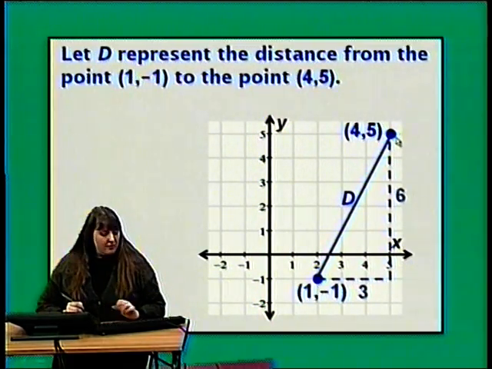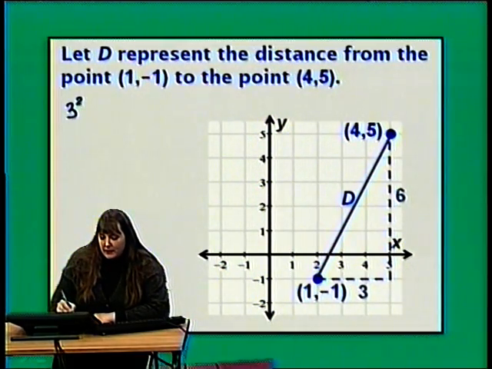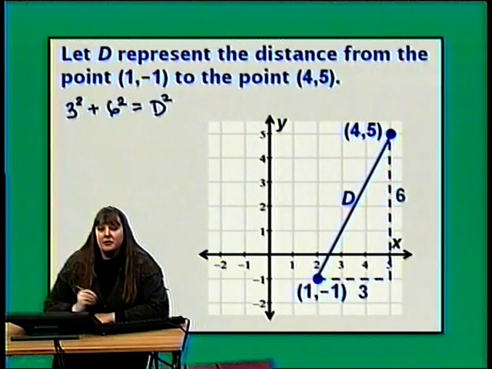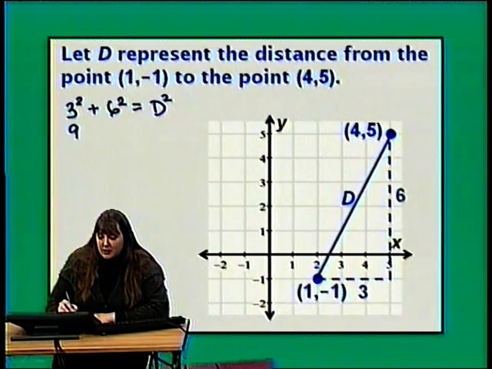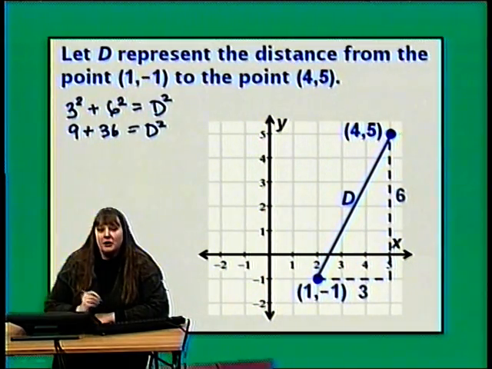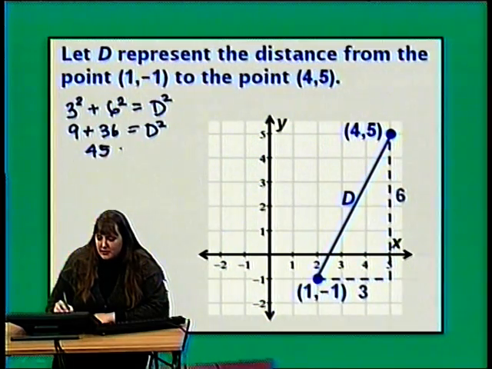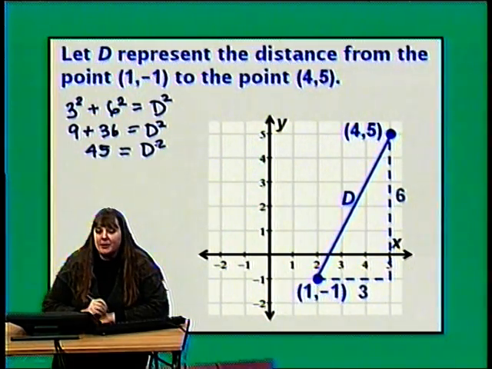So the Pythagorean theorem tells me that 3 squared plus 6 squared is going to have to equal D squared. So 9 plus 36 equals D squared, so 45 equals D squared.